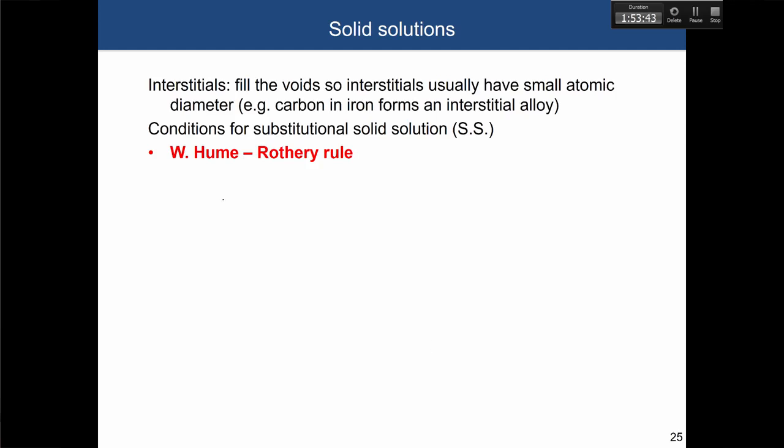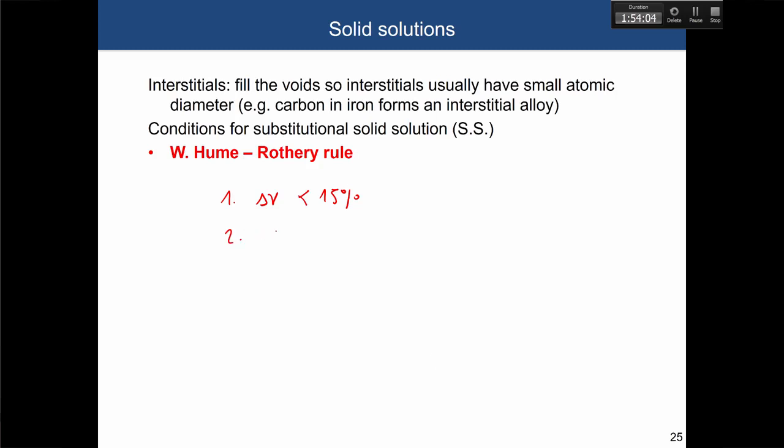The first one is that the difference in the radius between 2 atoms is less than 15%. So if you're introducing nickel into copper, you calculate the difference in their atomic radii, and if it's less than 15%, then this material would likely form a point defect.